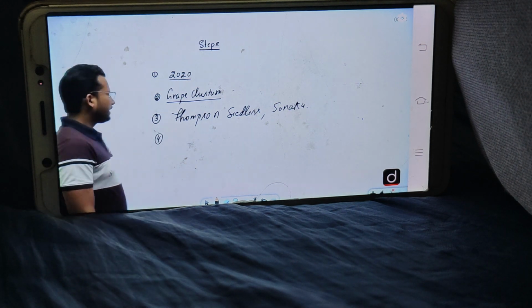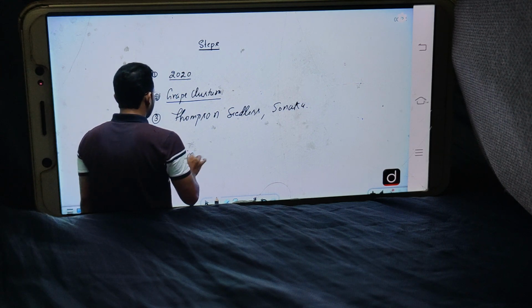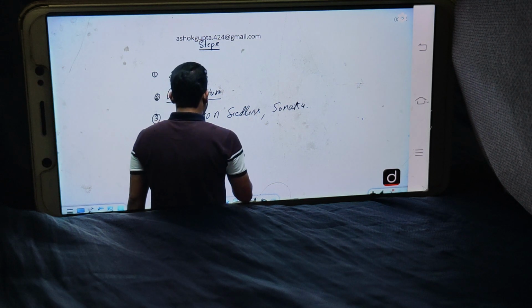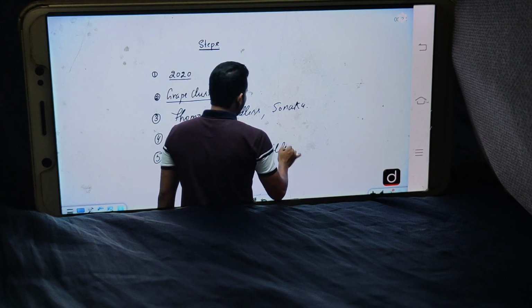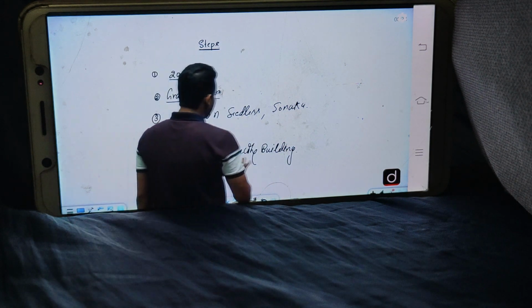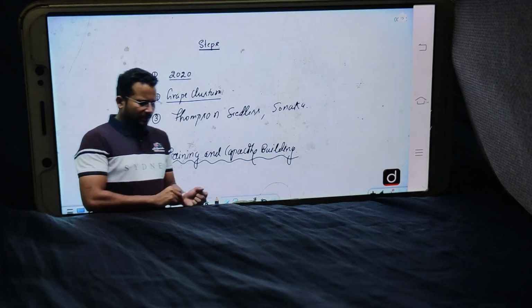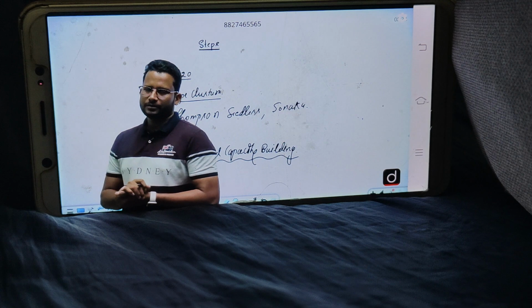Now, apart from that, number 5, government is providing training and capacity building. So government is running or offering several programs for training and capacity building. देखो मैंने जैसे बोला आप लोगों को that viticulture is a specialized form of agriculture.